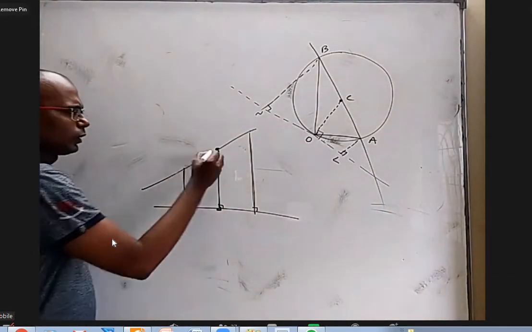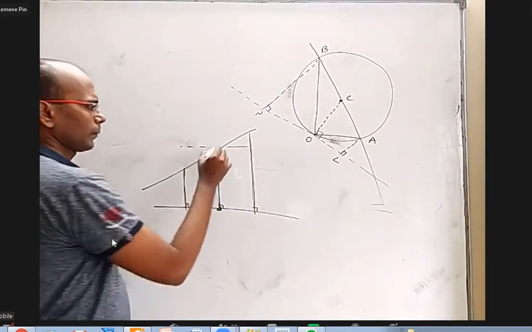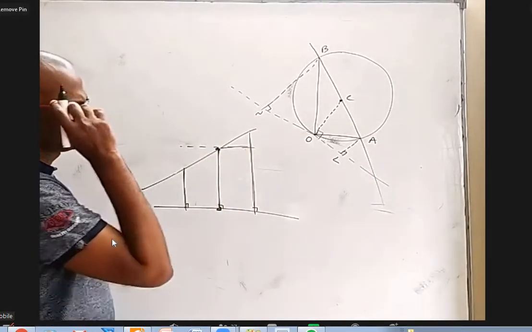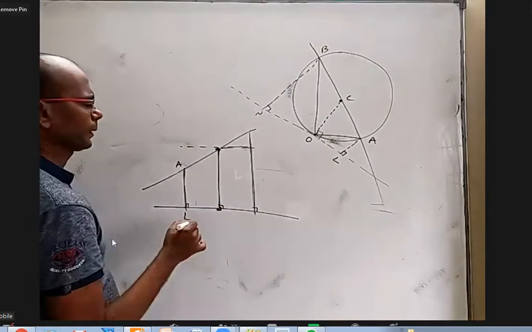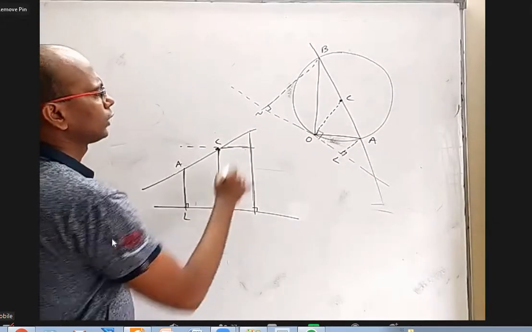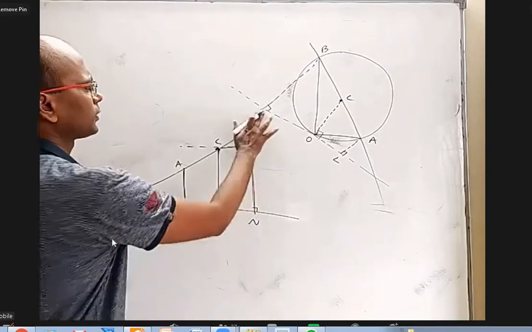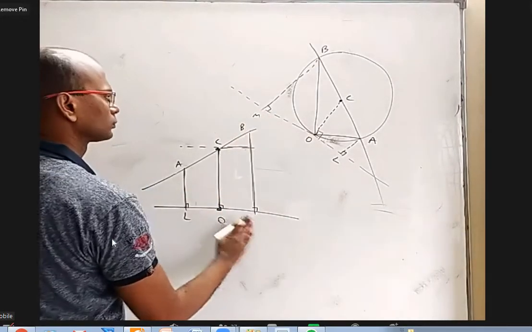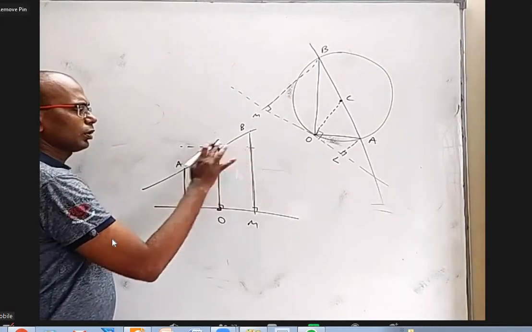Why? Through this, you draw one line parallel to this. Let us say this is L, this is A, this is C, this is O, and this is B, and this is N. Through this C, you draw.